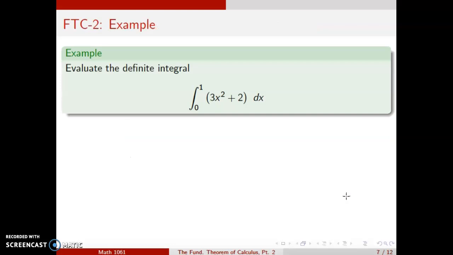Okay, so let's look at a few examples. Here's one that you could do before. We'd use the summation rule, or identity. Identity is a better term there.